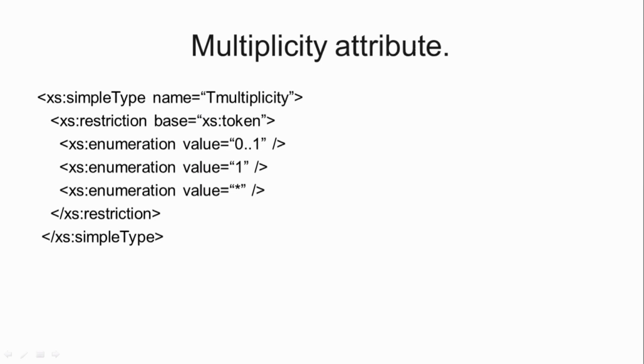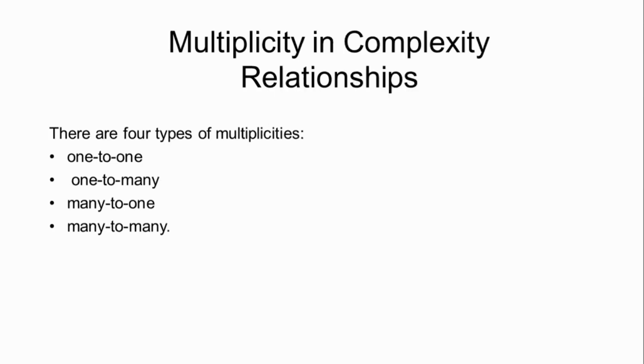Enumeration value 1. Enumeration value star. Restriction, simple type. And that's it. The program finished. These are some attributes related to multiplicity.